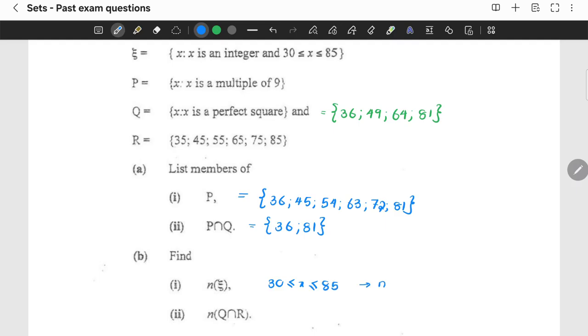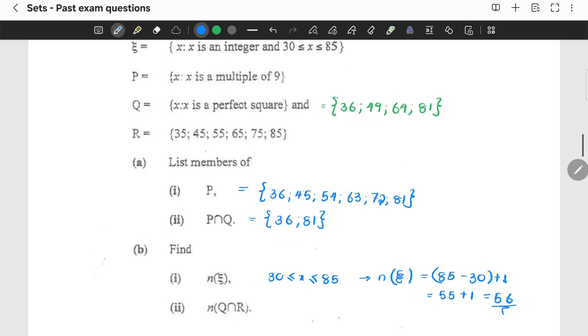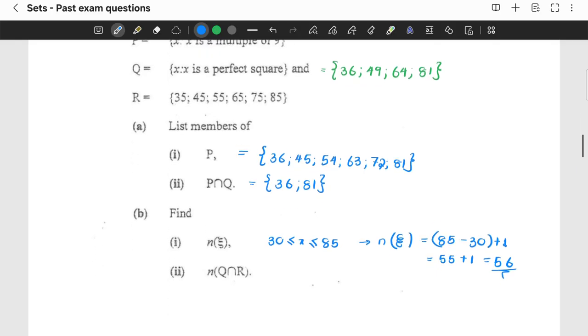So that means the number in the universal set is 85 minus 30 plus 1, because it's going to be n plus 1 inclusive. So that will be 55 plus 1, which is 56. Unless you want to write down all the numbers 30, 31, 32, 33, 34, 35, 36, 37, until you include 85. So this is one of the shortcuts.